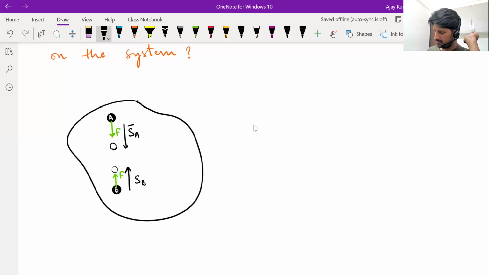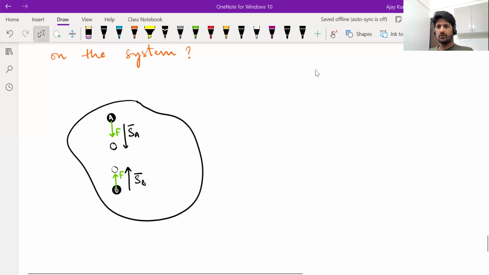Pawan, you tell me, how will you find out the sign of work done? Generally, whether work done by a force is positive, negative, or zero, how can you tell? Pawan, how do you determine the sign of work done by a force?